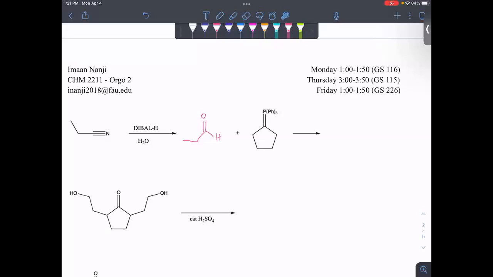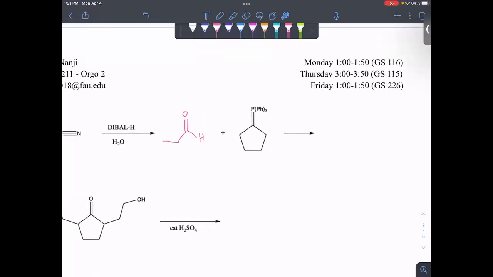From Wittig? It's a phosphonate. Well, phosphonate esters are for the other one; this one is called an ylide. So whenever you see the PPh3, it's going to be an ylide. When you see an ylide, you know that you're going to be doing a Wittig, which means you're just going to be copying and pasting some stuff.